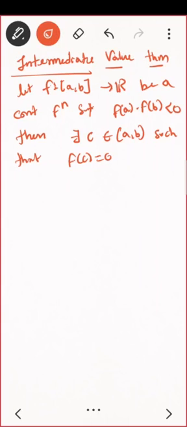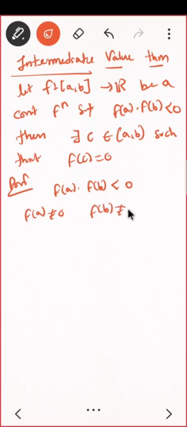Yeah. So shall we see the proof? So let us prove this one. So you may write there are two cases. Since we are saying f of a into f of b is negative, that means both are non-zero. First of all, f of a is non-zero, f of b is non-zero, and there are two possibilities.